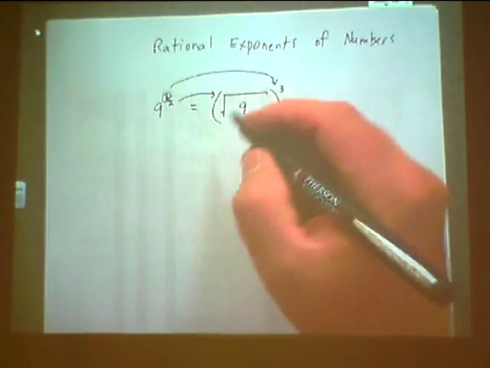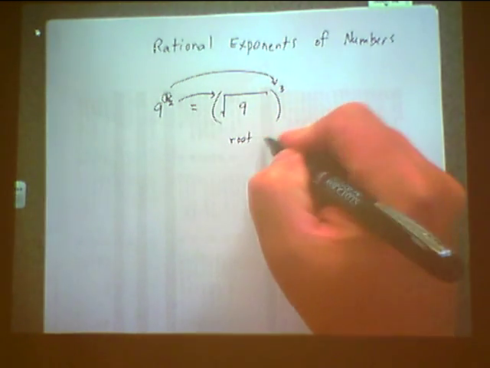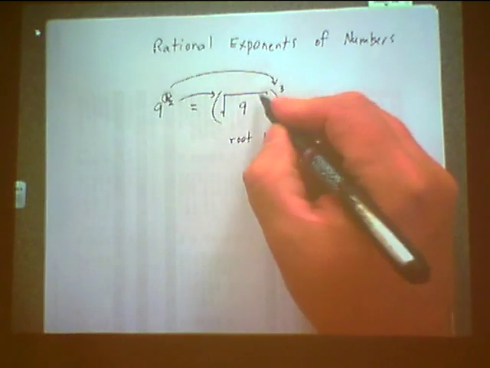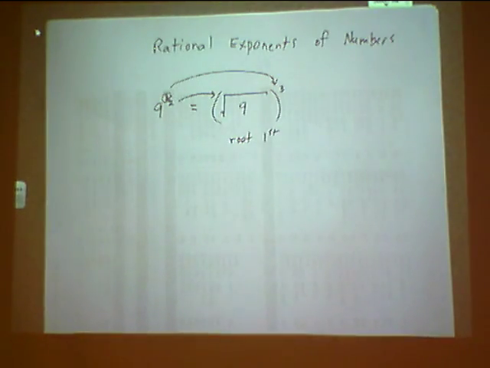I call this root first, because what I'm going to do is take the root of 9 first, and in this case the square root, and then I'll apply the exponent. Whenever you take the root of a number, the number gets smaller, so therefore the math is a little bit easier.